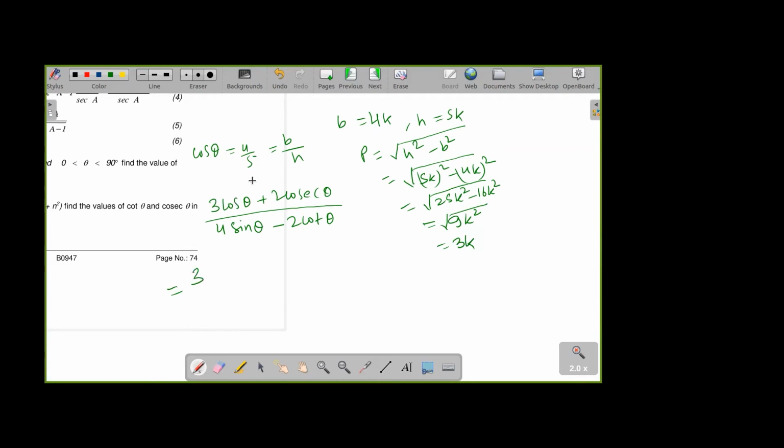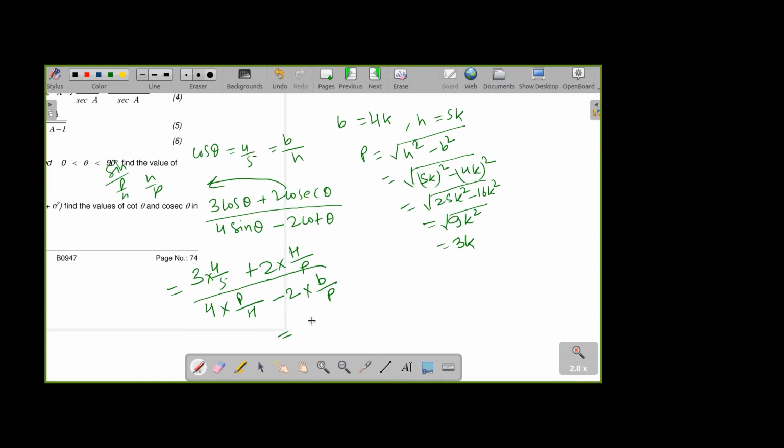So 3 cos theta we can write directly as 3 times 4 by 5, plus 2 cosec theta. Cosec theta is what? The reciprocal of sine. Sine is p by h, so cosec will be h by p. First I'm writing it like this, now it will be easier to remember. Divided by 4 sine, sine is p by h, minus 2 cot, cot is b by p.